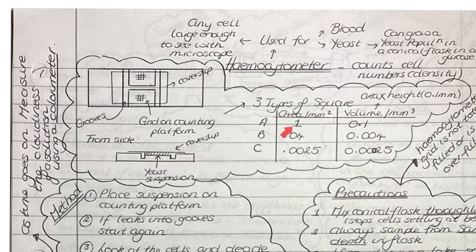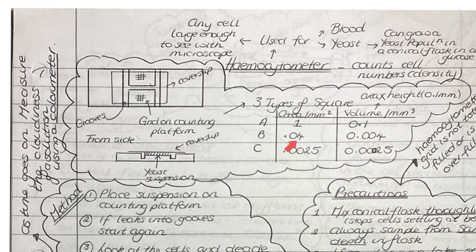So if the area of a square on the counting grid is 1 square millimetre, the volume of solution that would be on that square, remember that the volume is the length times the breadth, which is the area, times the height, would be 1 times the height, which is 0.1 millimetre. So the volume that will fit in an A square is 0.1 cubic millimetre.